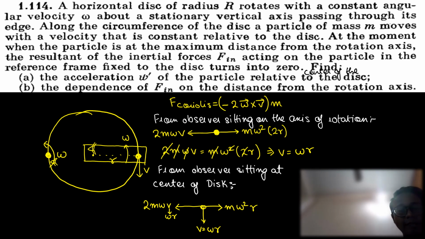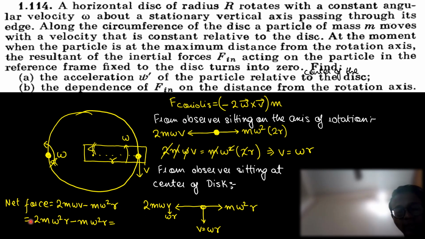So if I take the net force, which is equal to 2m omega v minus m omega square r, which is equal to 2m omega square r minus m omega square r. If you substitute v equals omega r, it will be 2m omega square r. So 2m omega square r minus m omega square r is nothing but m omega square r.